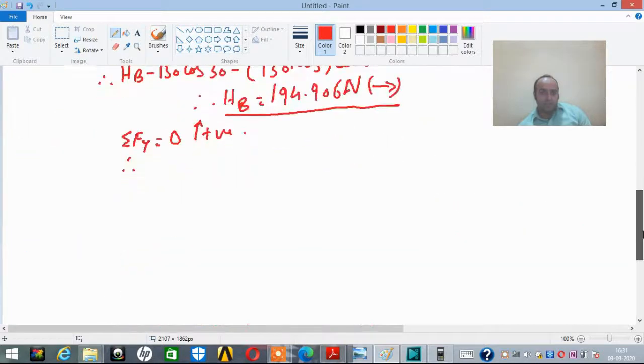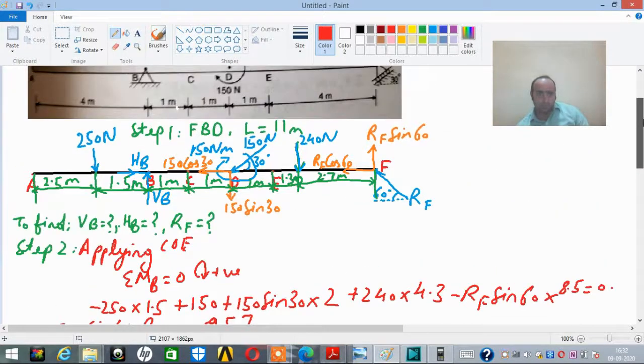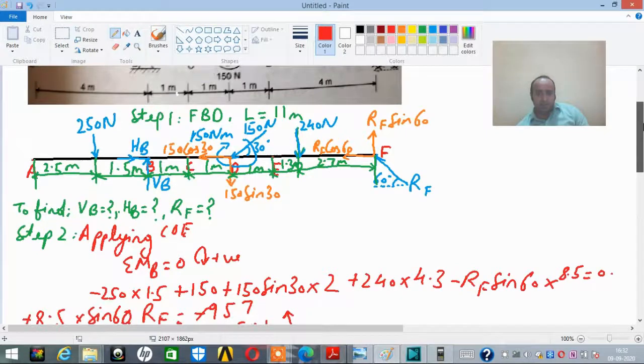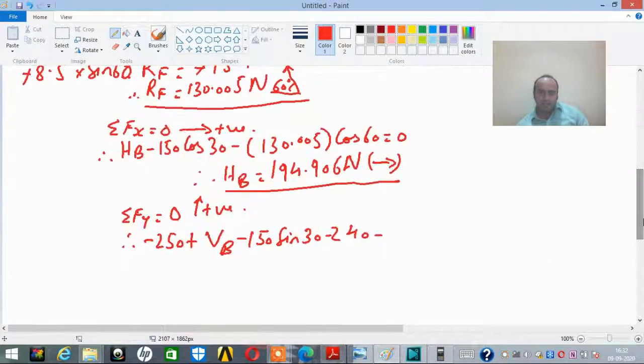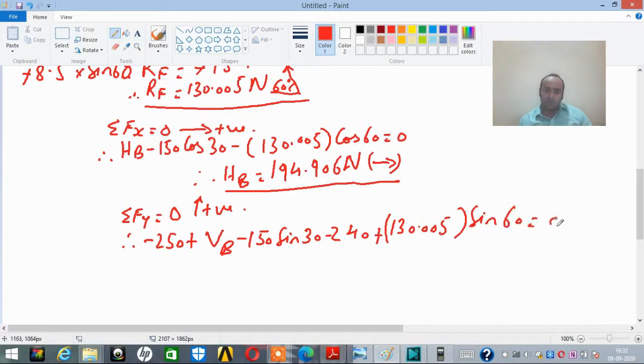Minus 250 plus Vb, only Vb is the unknown now, minus 150 sin 30 minus 240, last will be plus RF sin 60, that is 130.005 sin of 60, is equal to 0.